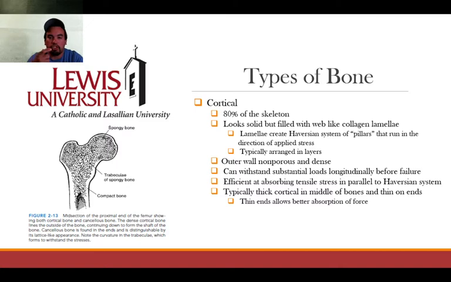Whereas in the middle, in the shaft, if you think of a popsicle stick, let me see if I got something over here that I can use as an example. I don't, but I have this little card here. So you see this card. Let me try and find a good light here. There. So if I load it, what happens? It's going to bend where? Right in the middle. So let's say I'm landing from a jump, and this is my lower leg. I land, this force comes in here.